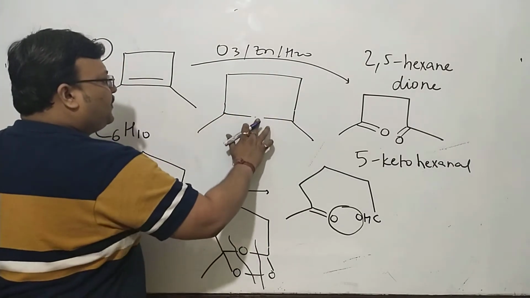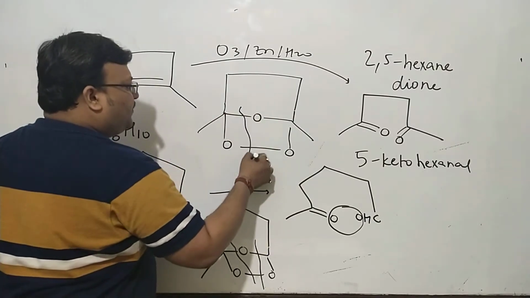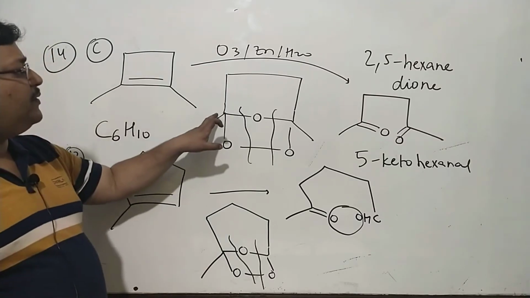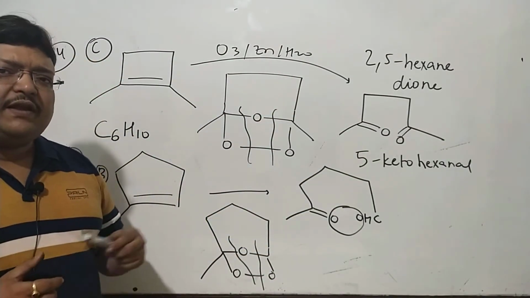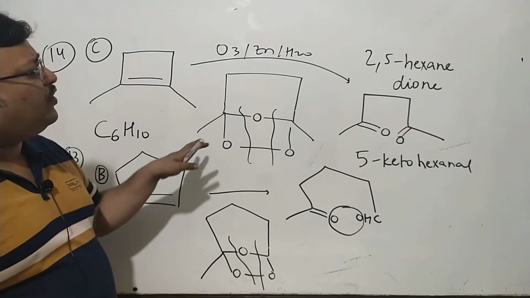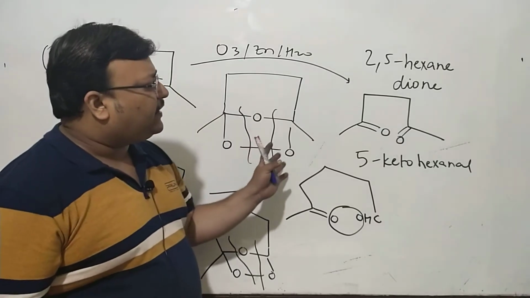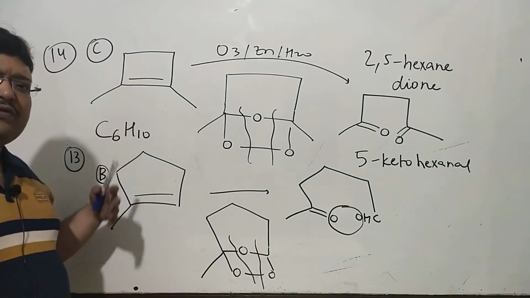Naturally, you'll want to keep an oxygen here, an oxygen here, an oxygen here, and break it in this way. So CH3, CO double bond O, CH2, CH2, C double bond O, CH3. So while drawing these many structures, you'll definitely get a hang of dealing with the ozonide, getting the final product, and from the look of the final product, deducing the structure of the original alkene.